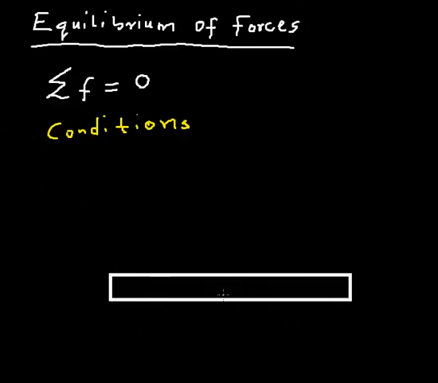Let's say you have a plane like a beam, then you have forces F1, F2, and F3 acting on this beam at the same time. Let's say F1, F2, F3 are acting downward, pushing the beam downward.